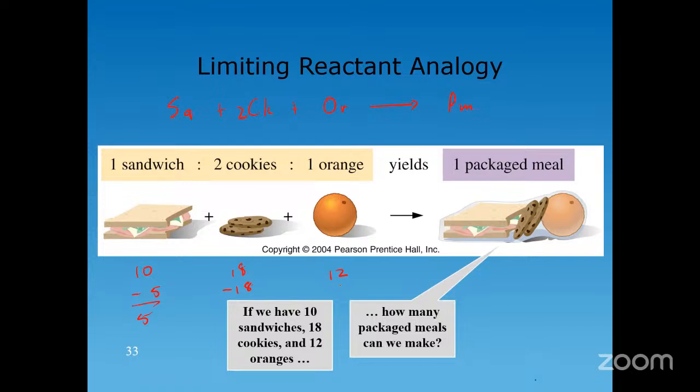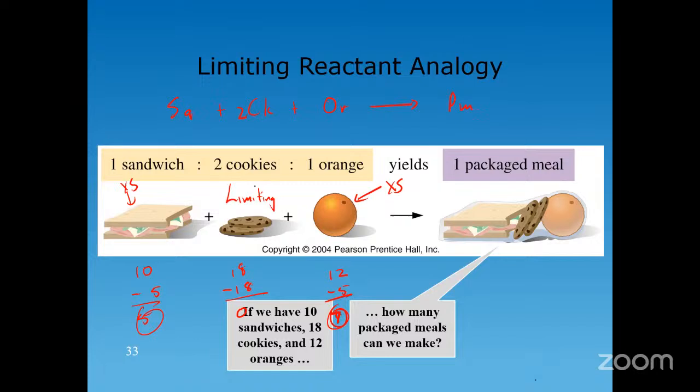For the oranges, actually you're gonna need 7 left over for the oranges, all right? So the point I'm getting at here is that you're going to have some excess items left over, while all the cookies would be used up. So therefore, in this particular context, the cookies would be the limiting item, right? While the oranges would be in excess, and the sandwiches would be in excess as well.